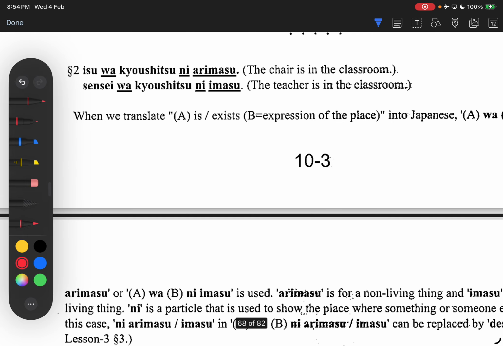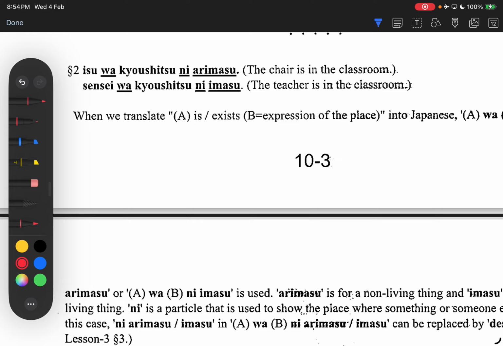Same thing, imasu means for human exists, right? For human exists, we use imasu. So sensei wa kyoushitsu ni imasu. Teacher is in the classroom. Then do you recall that we talked about Tanaka is in the toilet? Tanaka-san wa otearai desu.